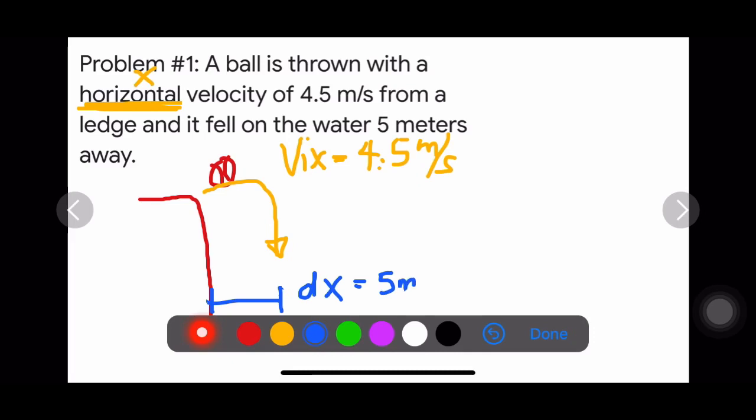And the other given that is not presented in the problem, but we know it's always there, is the acceleration due to Earth's gravity, which is negative 9.8 meters per second squared. Alright, so these are our givens. Let's summarize them so we can have an organized and smooth flow in solving.